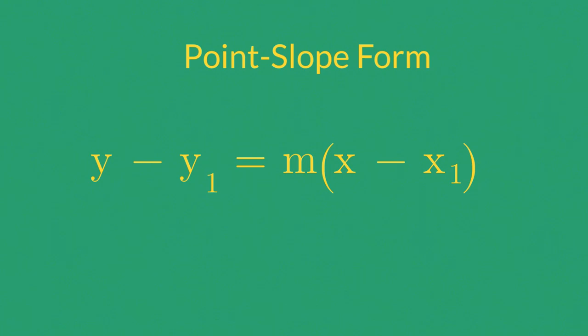Y minus y sub 1 equals m times x minus x sub 1. This is point-slope form. Okay? Like slope-intercept form, which was y equals mx plus b, we're pretty familiar with that. This form is also very user-friendly. It accepts information.